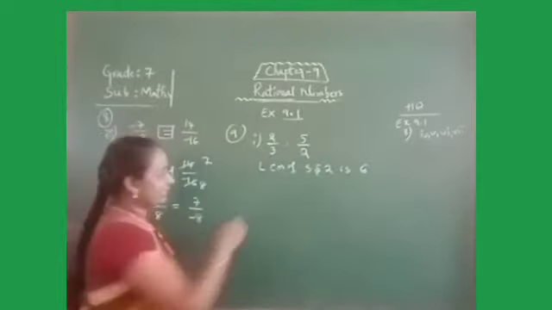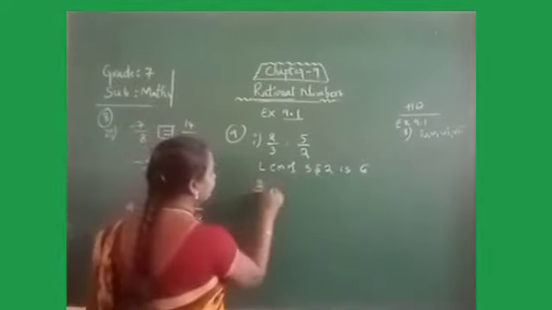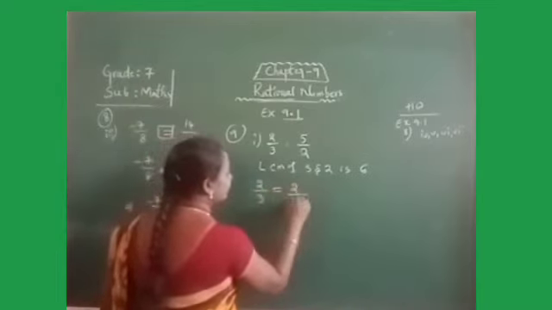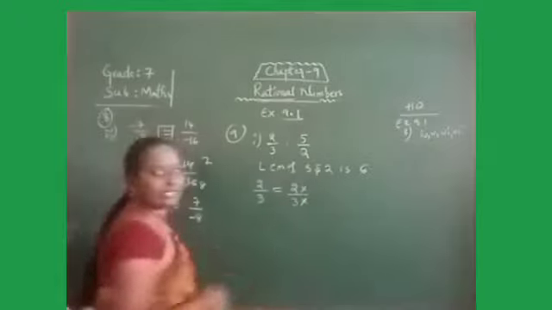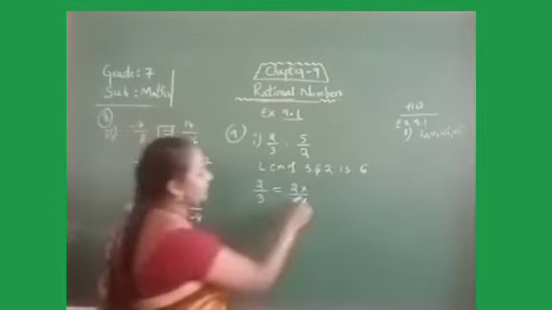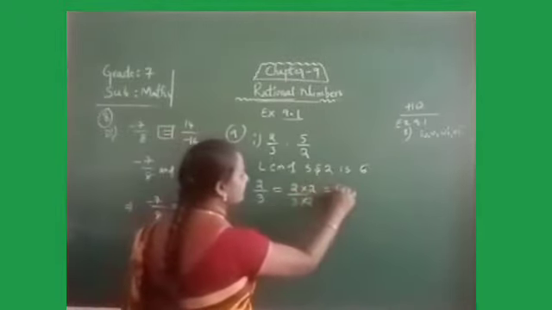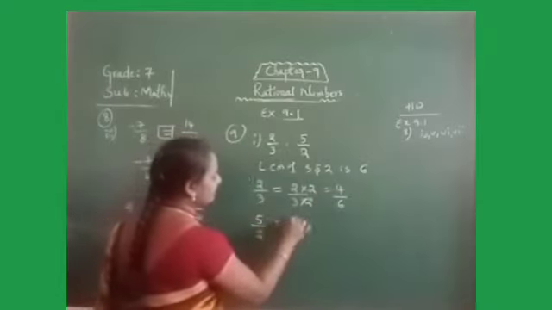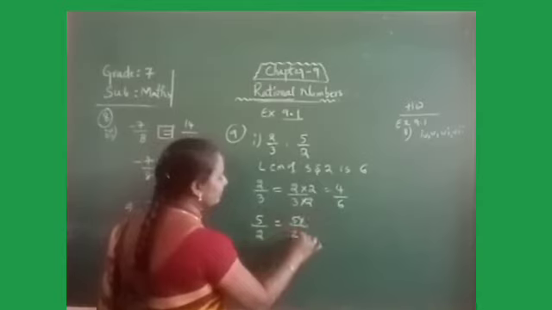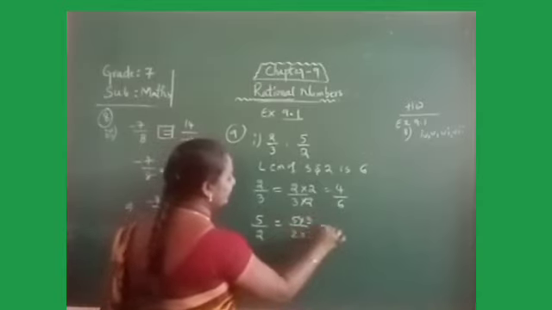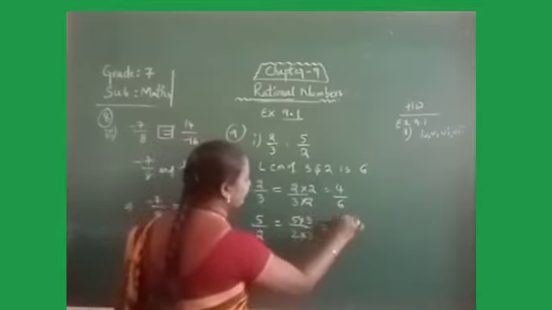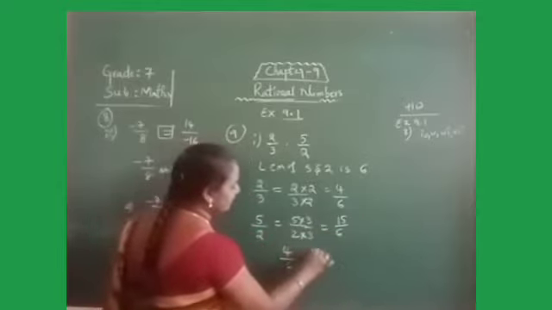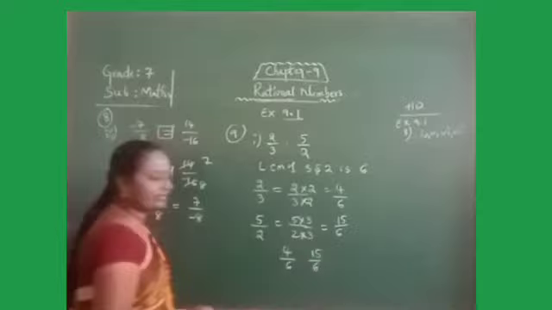Find the equivalent rational number of 2 by 3: multiply the numerator and denominator by 2, so that is 4 by 6. Next, 5 by 2: multiply the numerator and denominator by 3, then you get 15 by 6. Now tell me, 4 by 6 and 15 by 6, which one is greater?